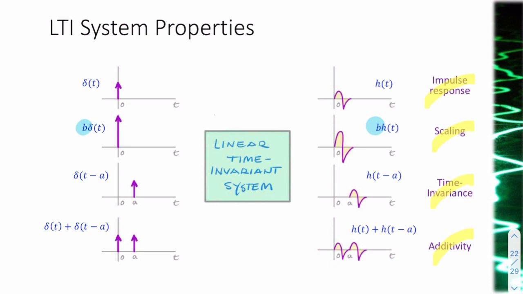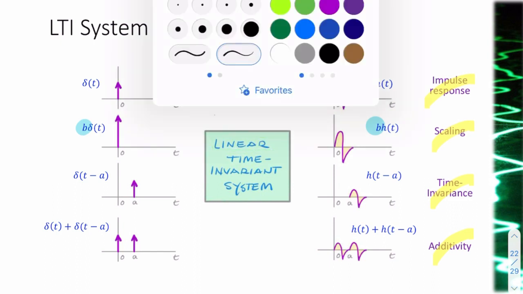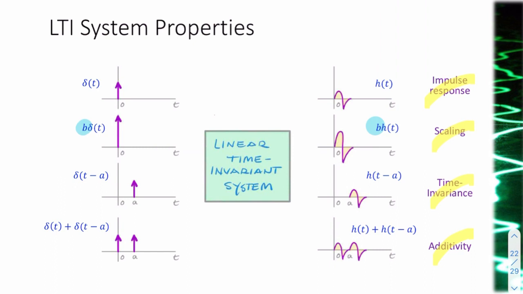Why is that? It's because of this word here, linear. Okay, so it's a linear time invariant system. Remember? LTI. So the L stands for linear. Linear, remember, has two things. It means additive and homogeneous or scalable.